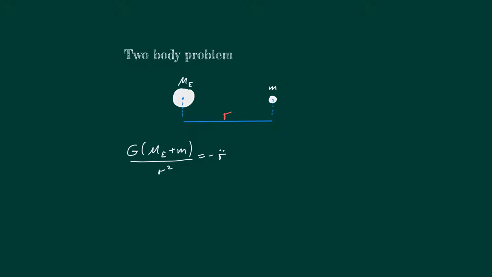And in the previous video I derived how the acceleration is connected to the distance and the masses. And now we are going to solve this differential equation. So our goal is to get information about how this distance is going to change with time.